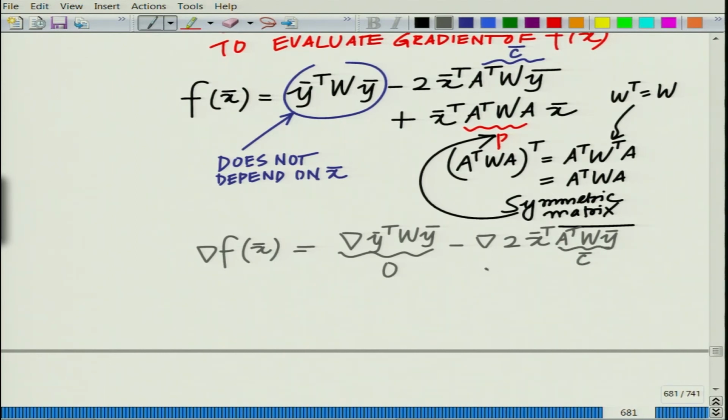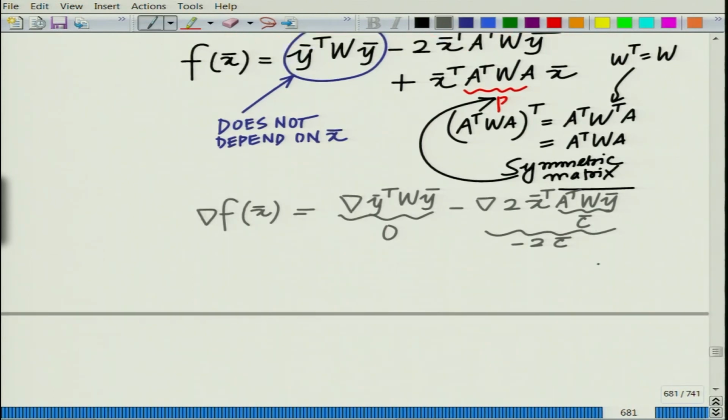So, this will be minus twice A transpose W y bar, and we have plus the gradient of x bar transpose A transpose W A x bar. A transpose W A is a symmetric matrix.